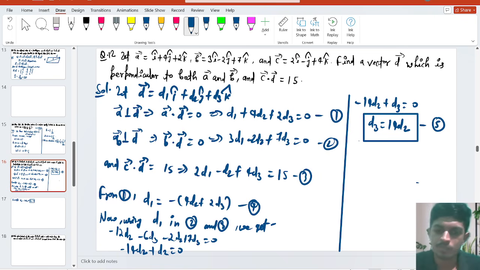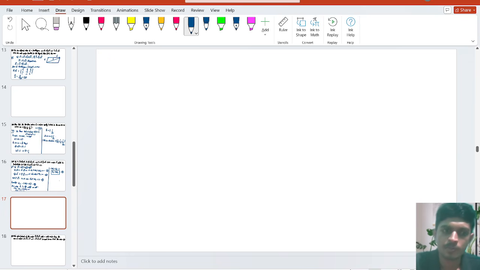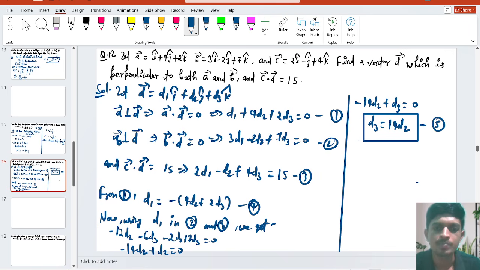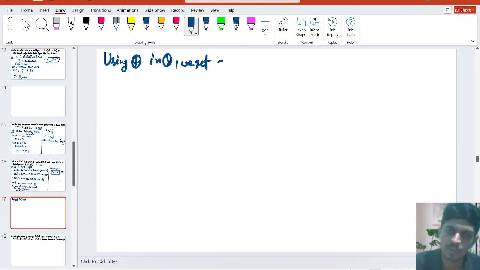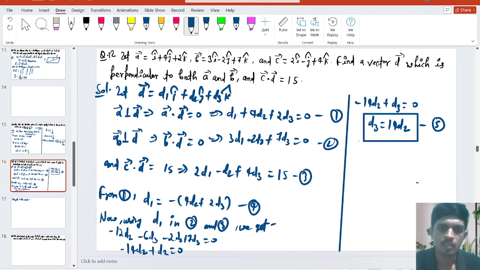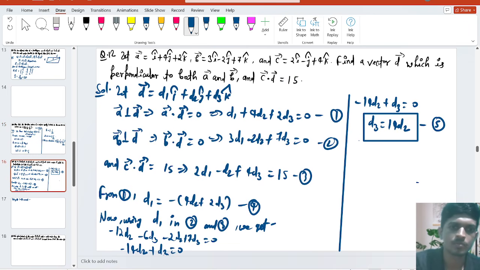And again using 4 in 3 we get, this is equation number 3, you get D1 is equal to minus 4 times of 4D2 plus 2D3.